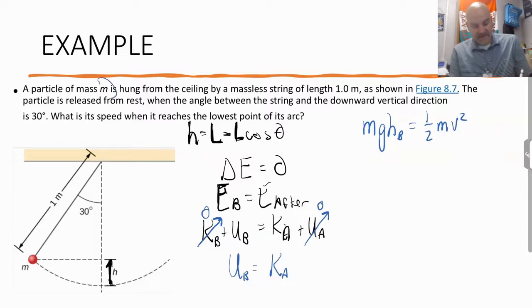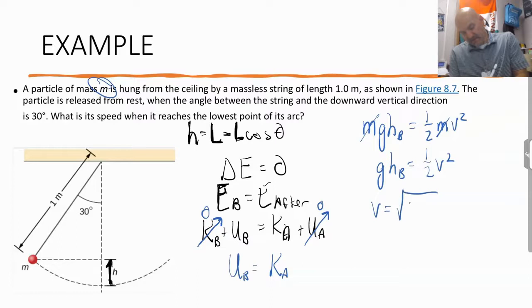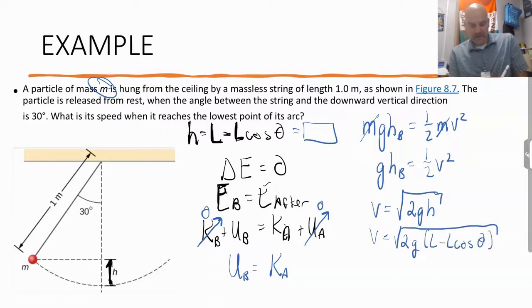A lot of times it just gives you a general m because the masses don't necessarily matter. You end up with gh equals 1/2 v squared. Solving for v, you get the square root of 2gh. If you figured out what your h was, you can plug it in. Or if you didn't, you would say the square root of 2g times L minus L cosine theta, where L is the length of the pendulum.